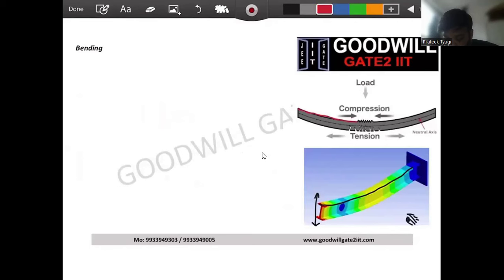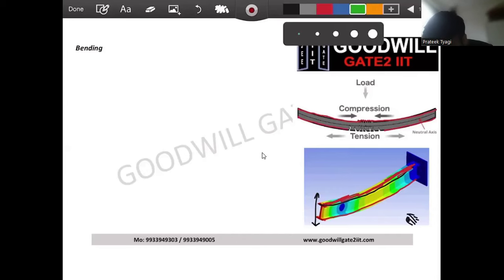On the upper section, you are compressing it. You can imagine this in your mind. And this below section is in tension. If you keep on bending this, the system will break from the center. It will be divided into two pieces.